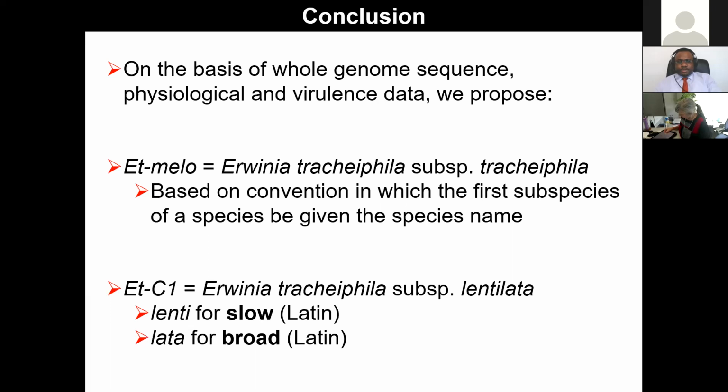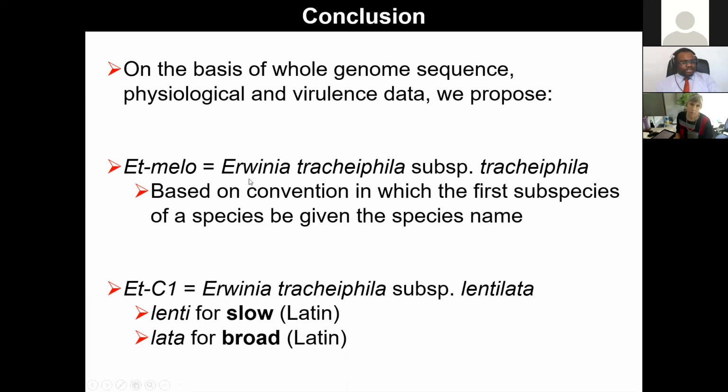So on the basis of the data from growth rates, carbohydrate utilization, genomic architecture, and pangenomic features, we propose that the two clades of Erwinia tracheiphila previously designated as Et-melo and Et-C1 be designated as two subspecies. And what are these two subspecies?